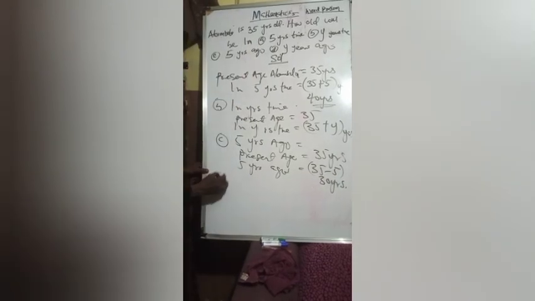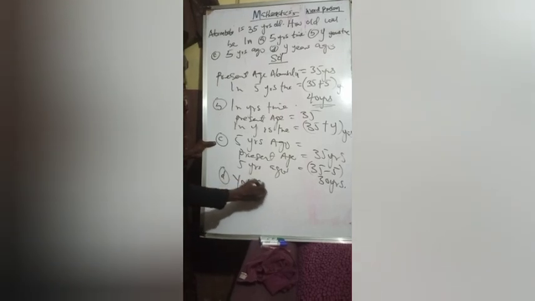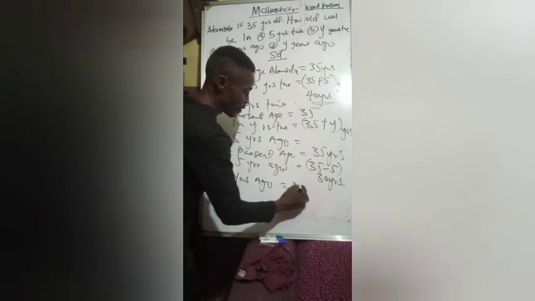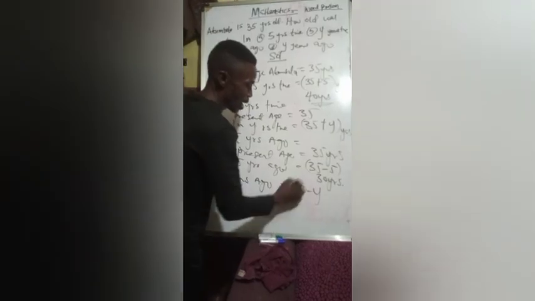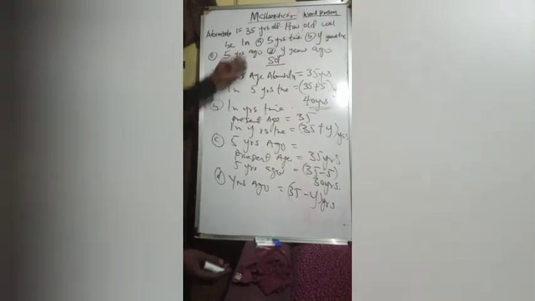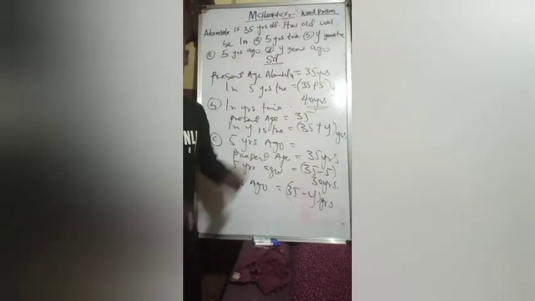Now, of course, the question: Y years ago will give me what? The present age, which is 35, minus Y years. Please check out this example. You see the difference between years ago and years' time.